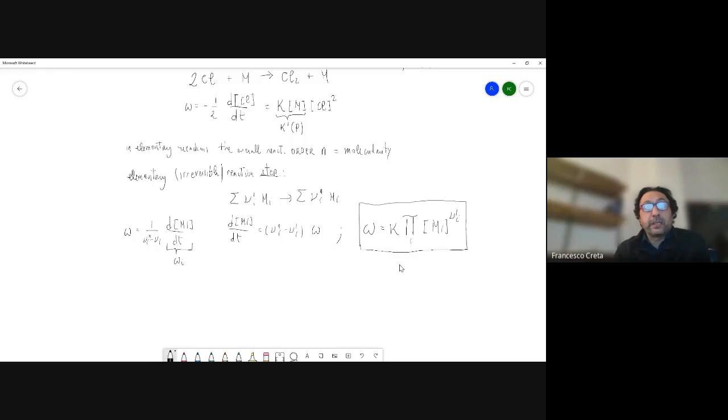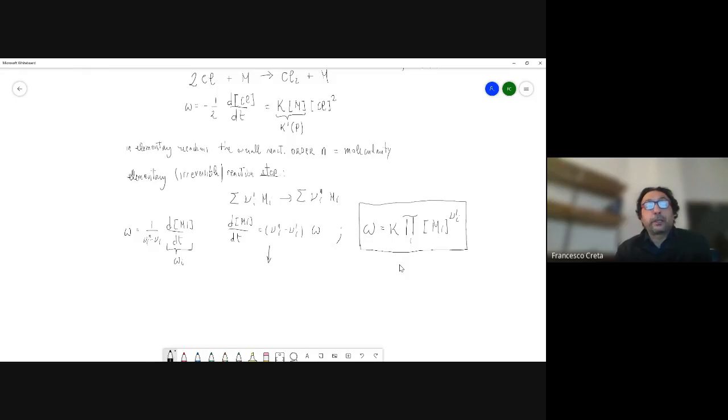I hope you can see this. So this is dmi by dt equals some nonlinear right-hand side, which is a nonlinear function of all the dependent variables.